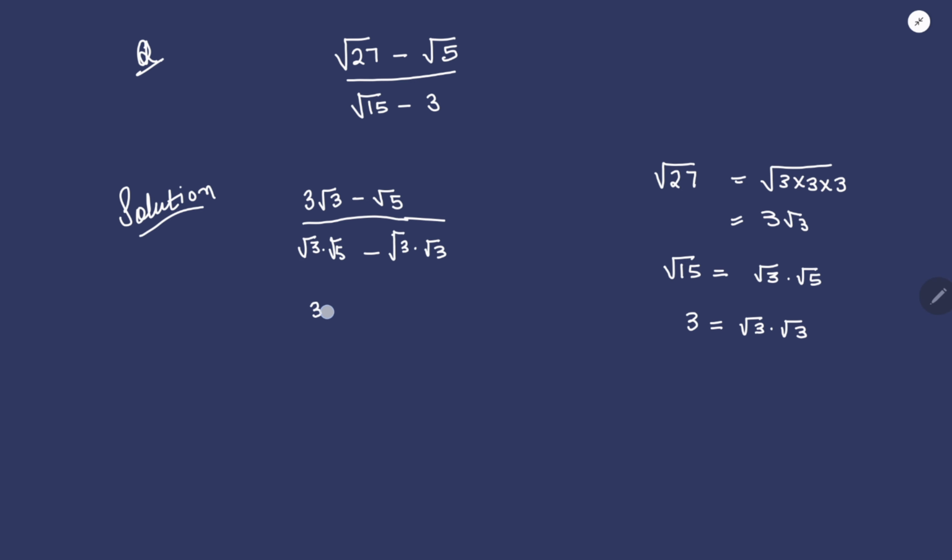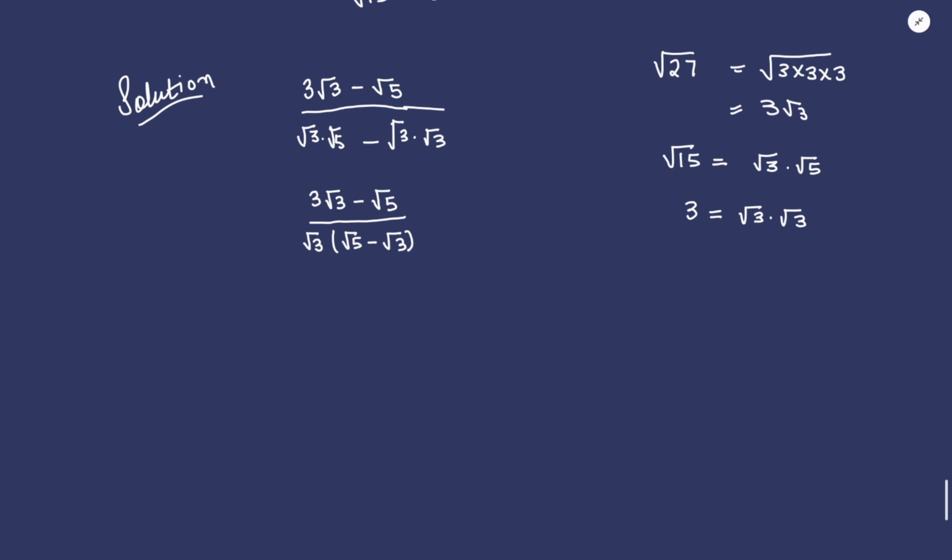The numerator will remain as it is, 3√3 minus √5, and in the denominator I will take √3 common, so it will become √3 times (√5 minus √3), right? Okay, now whenever we see a square root in the denominator, what will we do?